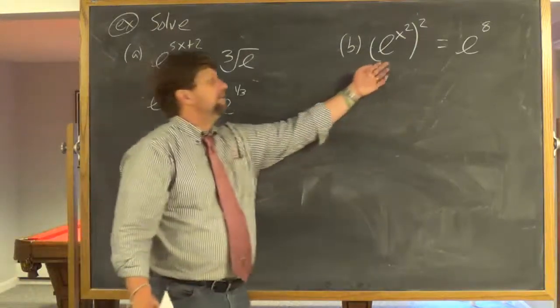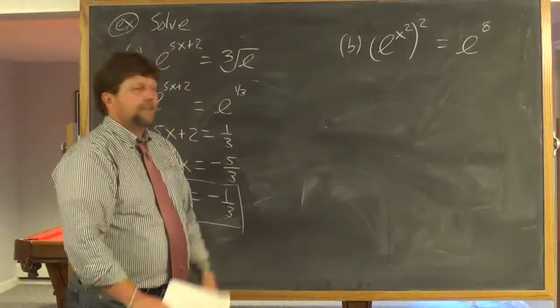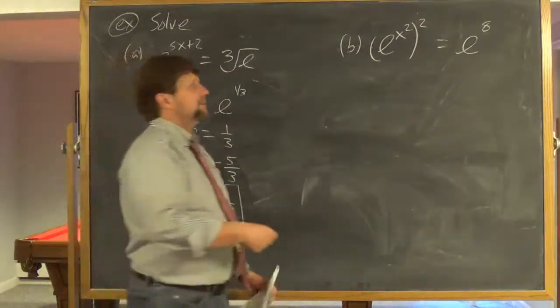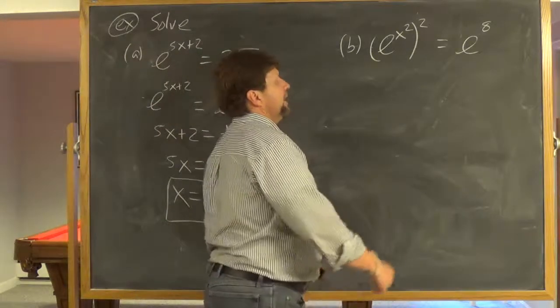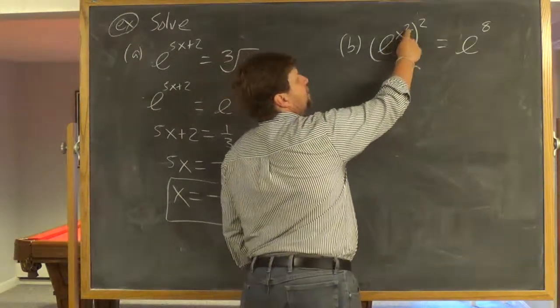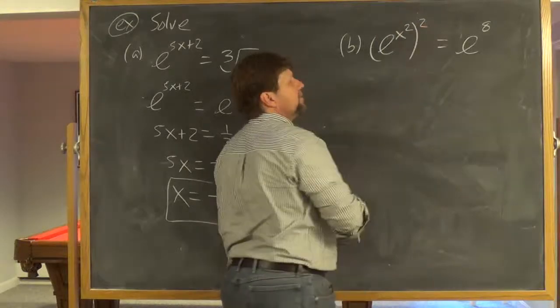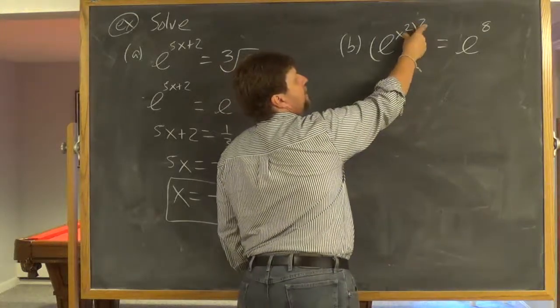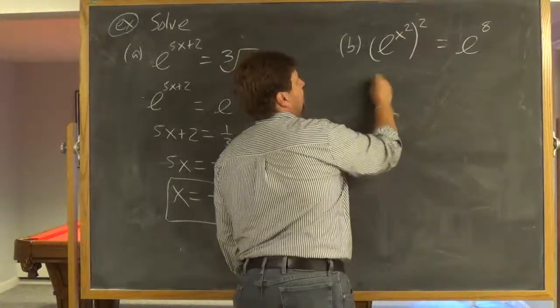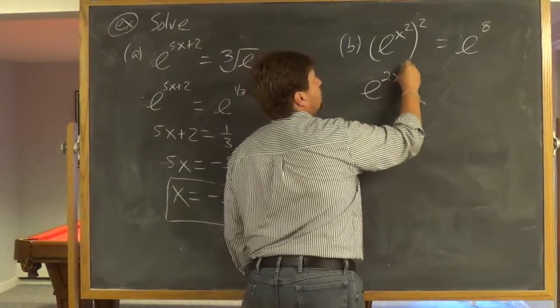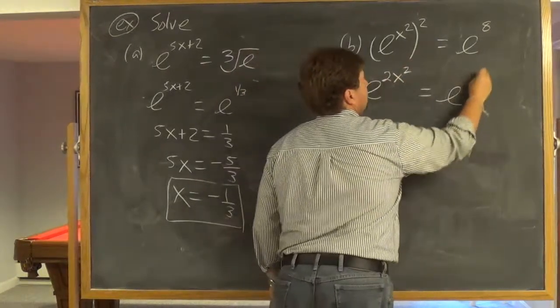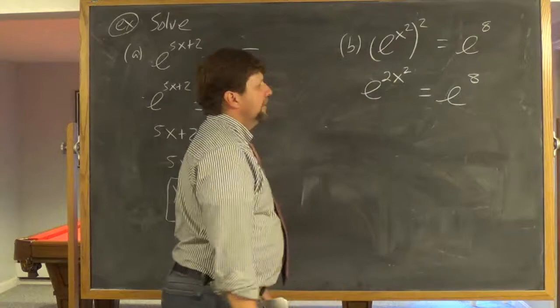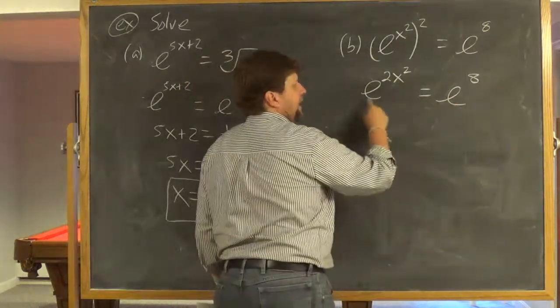Let's try another one, b. We're going to use another old property of exponents that I just reviewed a little bit ago. You have e to the x squared, and that's being squared. So you can multiply those exponents to get e to the 2x squared equals e to the 8th. And once again, the bases are the same.